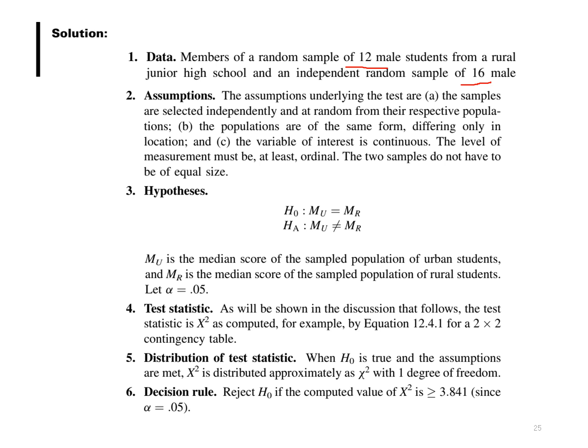And the variable of interest is continuous data. Then the testing hypothesis: M is the median. Urban's median is equal to rural's median. That's the null hypothesis. In the alternative hypothesis, they are not the same.